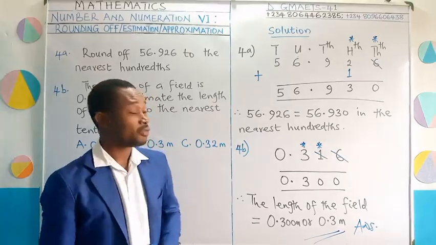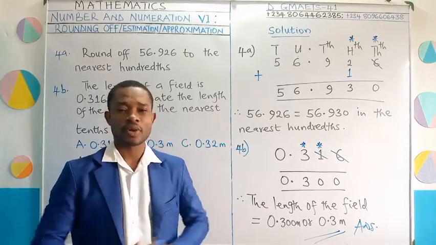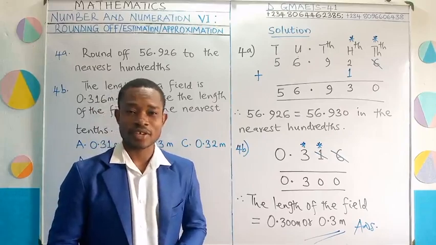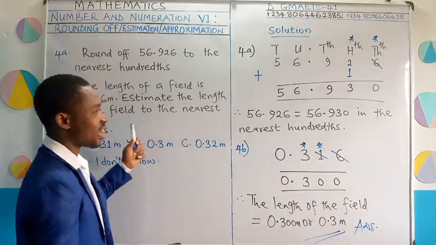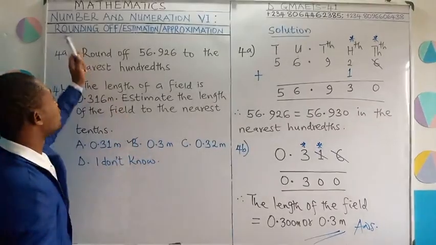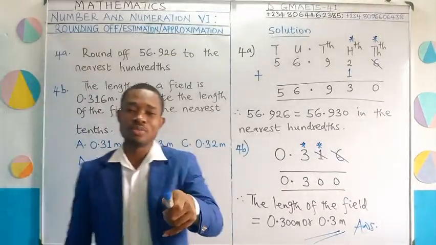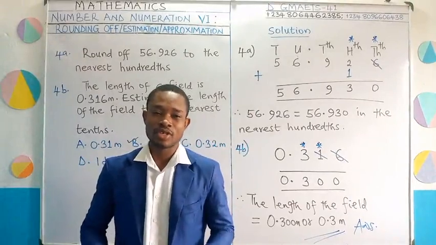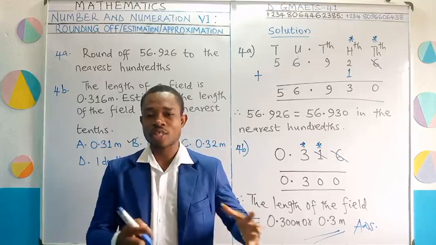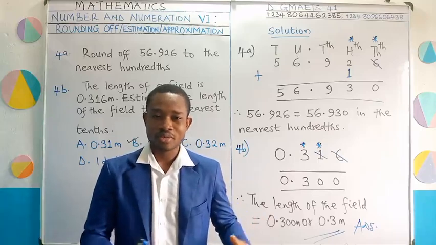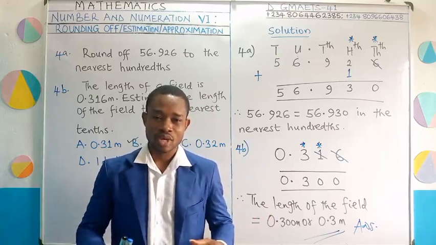Of course, the knowledge of place value is still very important there. However, take note that after the end of this class today, we are done with number and numeration. I will be moving you to the second foundational aspect of mathematics, which has to do with operations on numbers.